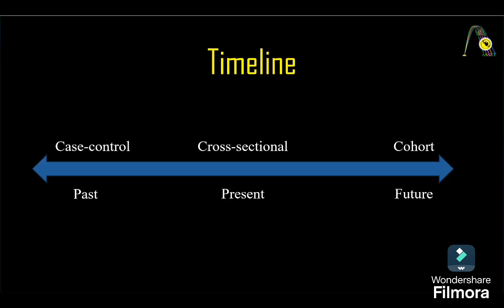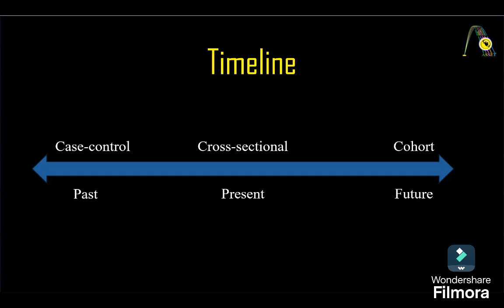So was it hypertension, was it poor diet, right? You're looking at things like that and seeing what eventually caused them to get it. So you start with the cases, and you determine the risk factors. That's essentially what you can think of it as. You start with the cases, and then you determine what the risk factors were for them to develop it.